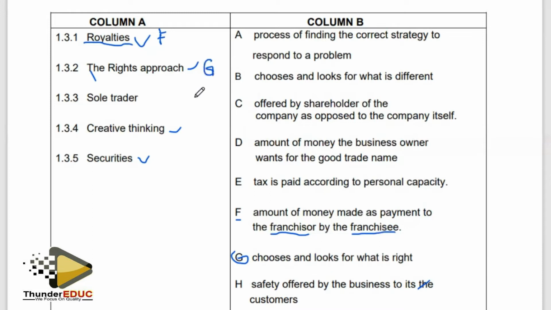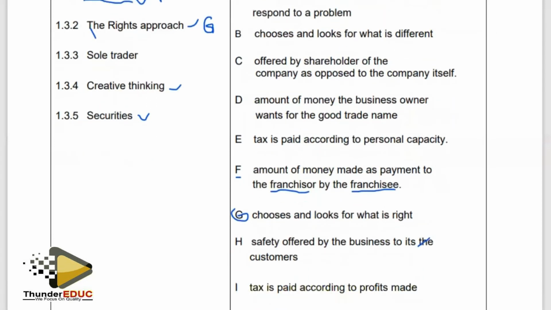Okay, let's look at a sole trader. A sole trader is a person who starts a business alone. He owns it. He faces all the liabilities of the business. A sole trade business is easy to operate, in terms of management, decisions are made alone by the single person who owns the business.